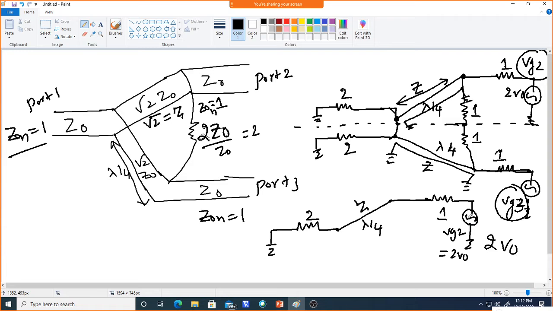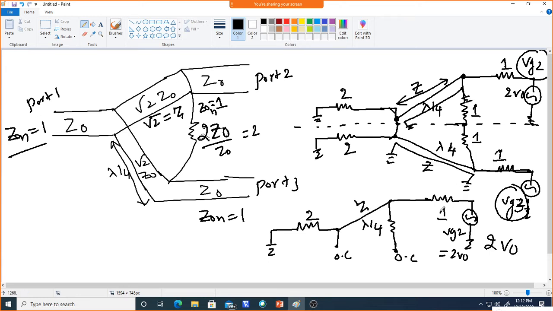Okay, so here there is a resistance, half of the circuit resistance, this will become open circuit, and this also becomes open circuit. So now first we need to find out what is the value of Z.